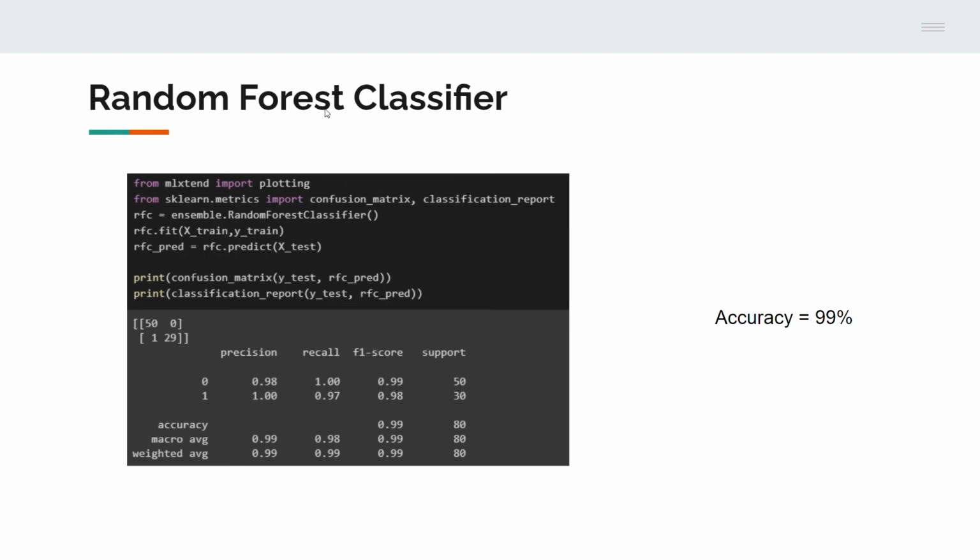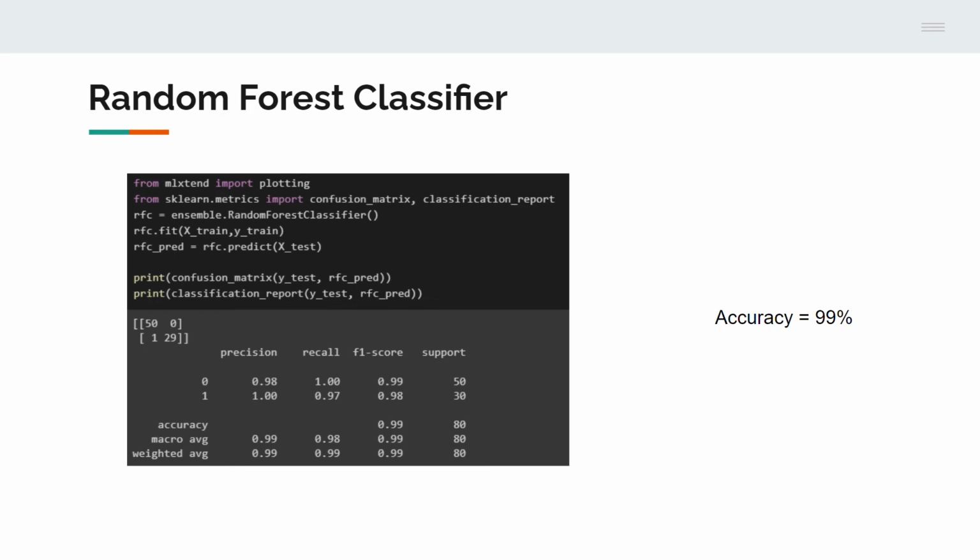And a quick explanation about this. This is an ensemble learning method that operates by constructing a multitude of decision trees at training time. And then it basically makes multiple decision trees and chooses the result that most trees agree on.